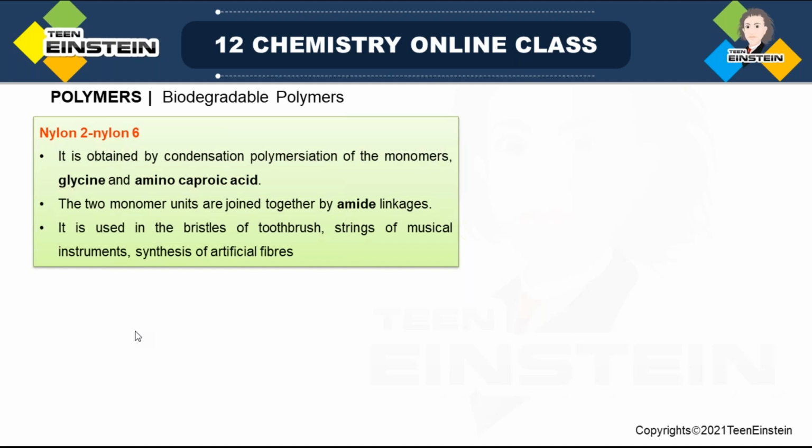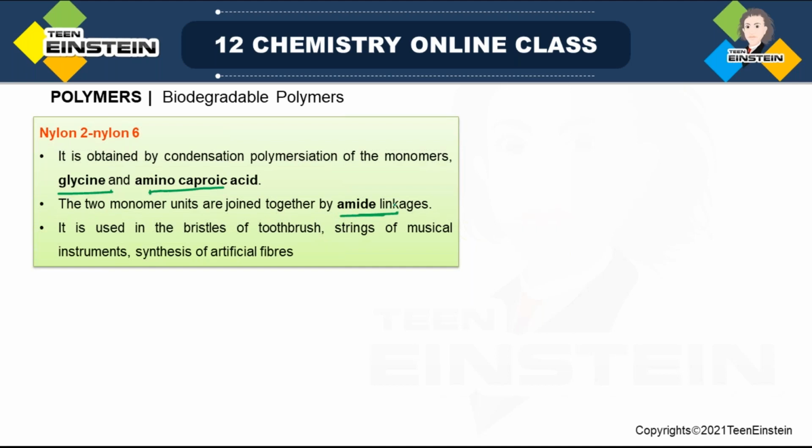Now, this biodegradable polymer is obtained by condensation polymerization of 2 monomers. One is glycine, which is basically the simplest amino acid possible, with both NH2 and CO2H groups present. The second monomer is aminocaproic acid. So here the monomers have NH2 and CO2H, but it is different from nylon 6 and 6,6.